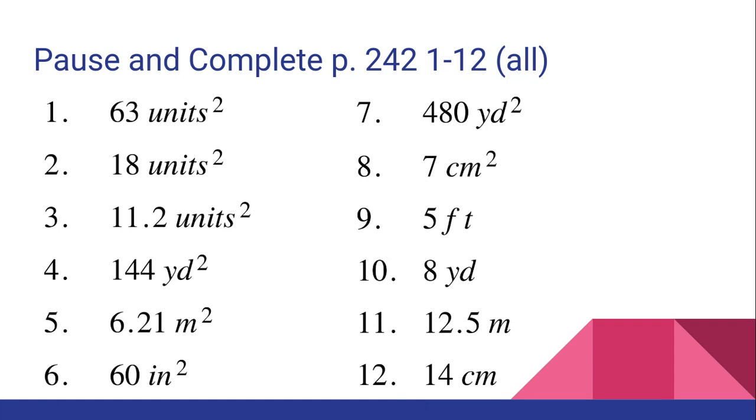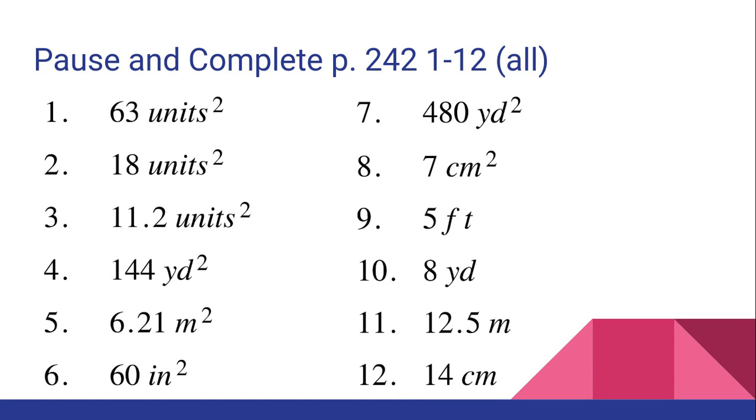We had 9 by 2. 9 times 2 is 18 units squared. Number 3, we were given the measurement. 5.6 times 2 is 11.2 units squared. On number 4, you're given the length of one side, and you can tell it's a square. So it's just 12 times 12, which is 144 yards squared.